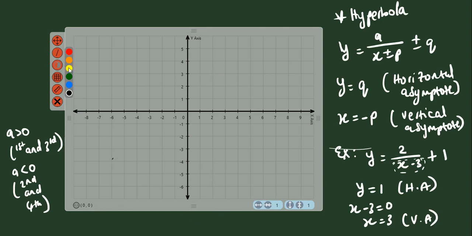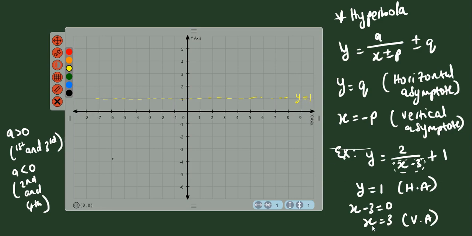You start with the horizontal asymptote, y is equals to 1. It means you cut the y-axis at 1. Remember, this is the y-axis. You cut it at 1, like this. Then this is the graph of y is equals to 1.